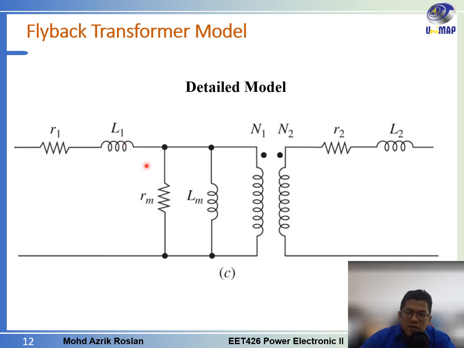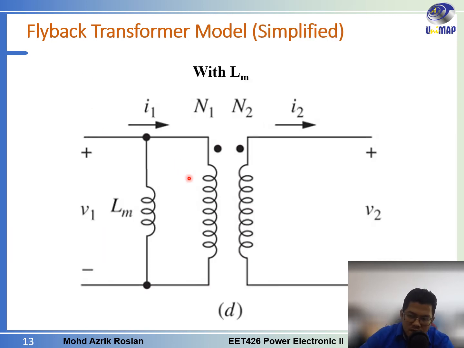And then we have LM, which represents the magnetizing inductance. It is linked to the flux that actually links to the secondary winding through the core. And then RM represents the core loss, the losses due to the core of the transformer.